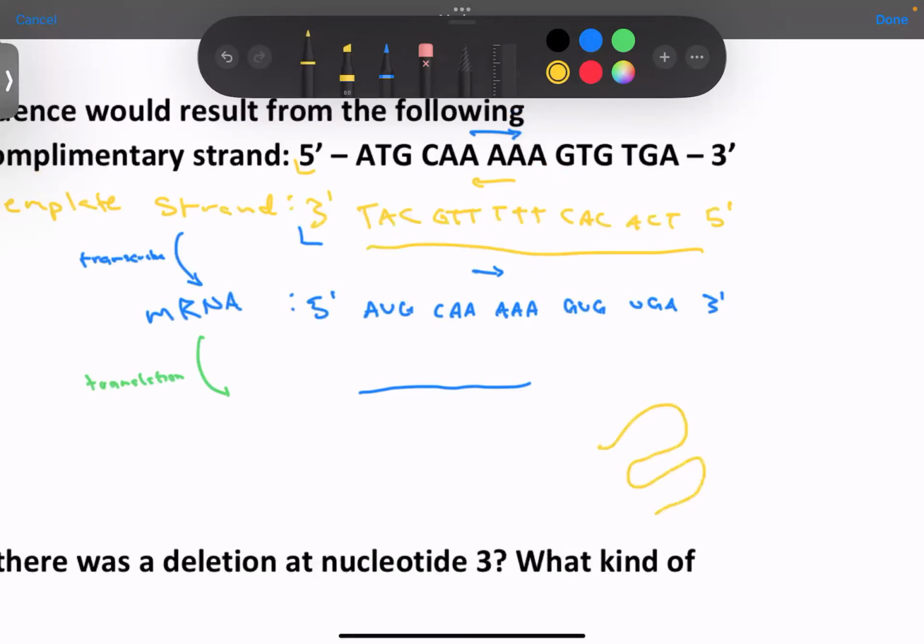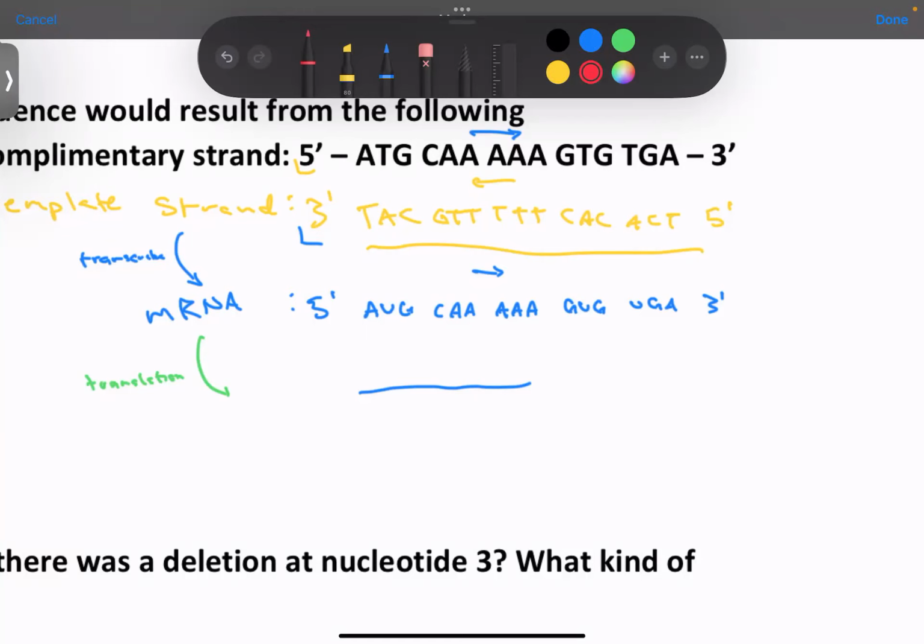That's why the endoplasmic reticulum is called rough sometimes, because it has little ribosomes embedded in it. So it looks like it would feel rough, and so our mRNA is going to be recognized by a ribosome.